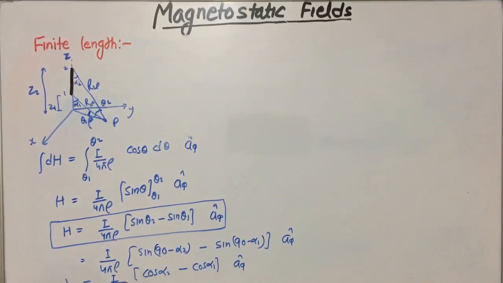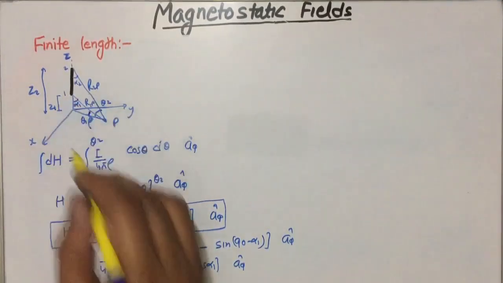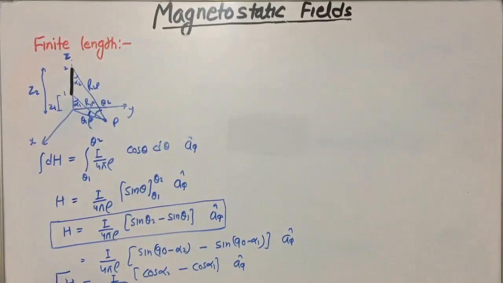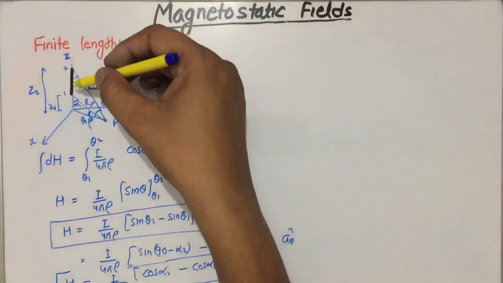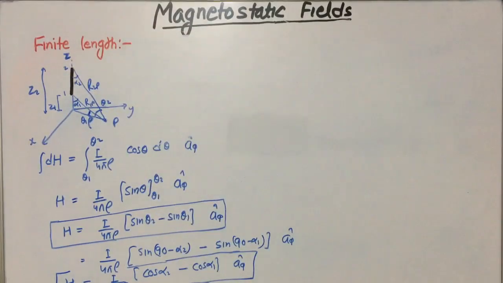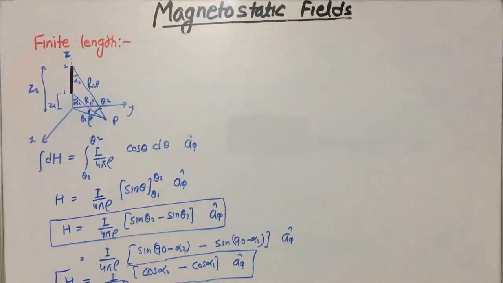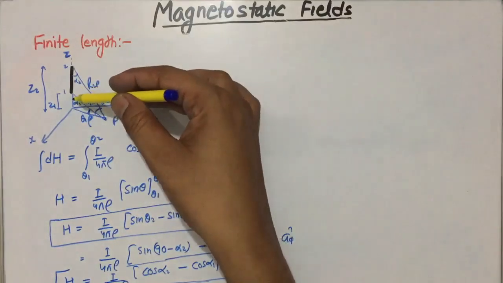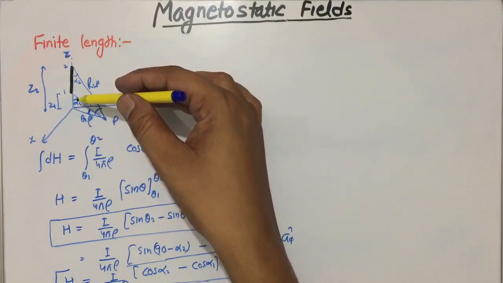So if we know this, then we can find the magnetic field intensity at any point in the vicinity of the line conductor when the conductor is of finite length. Don't mix alpha and theta. Alpha is the angle from the z axis.